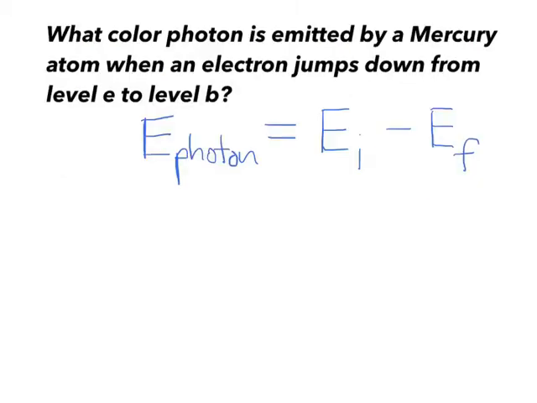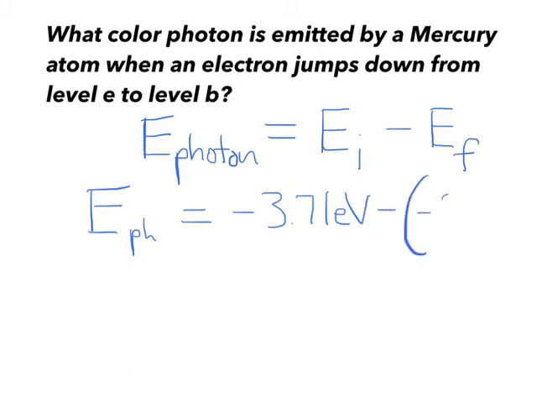So now I'm going to take those two numbers and plug them into the formula. The energy of this photon is equal to the energy of the initial energy level, which is level E. I had looked that up, that's minus 3.71 electron volts, minus the energy of level B, which is minus 5.74 electron volts.